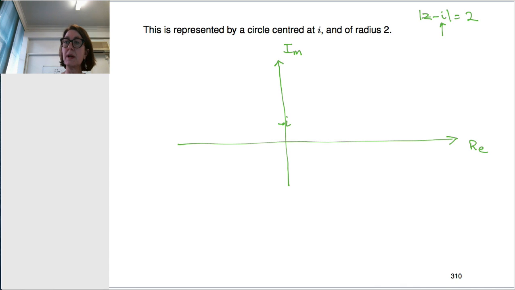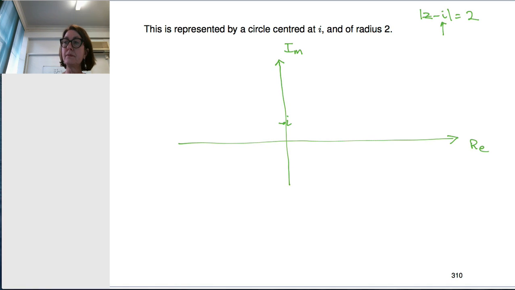So let me change my colour for a minute. Let's think about a couple of points that satisfy that equation. If I go down here to minus i, then the distance from i to minus i is equal to 2, so that point's going to be included.